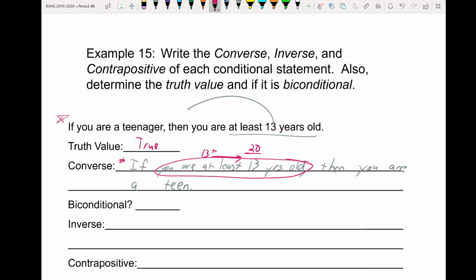No. So this one here is false. Therefore, it is not a biconditional. The most tempting thing to do here is to say that my example for the converse satisfies the hypothesis of the original. Don't do that. Separate sets of counterexamples, okay?